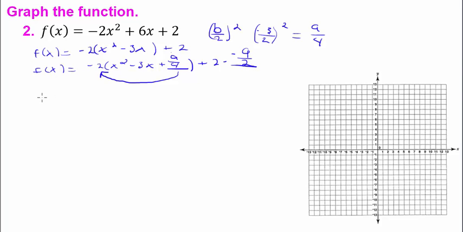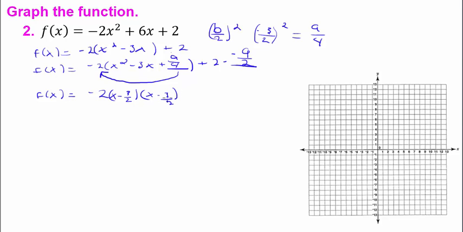All right, so now I have f of x is equal to negative 2 times, I'm going to do two things at once here. I'm going to factor this, and this becomes x minus 3 halves, and x minus 3 halves.